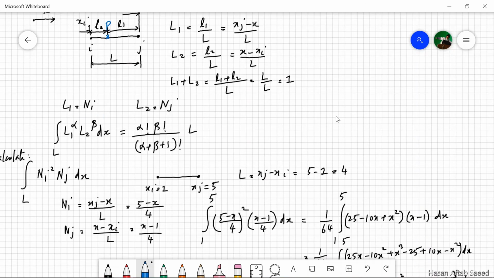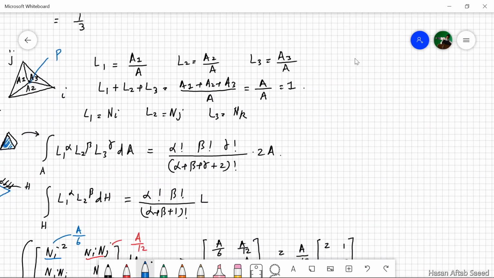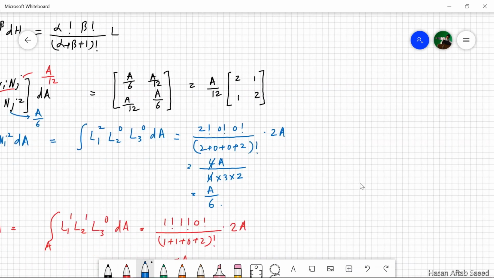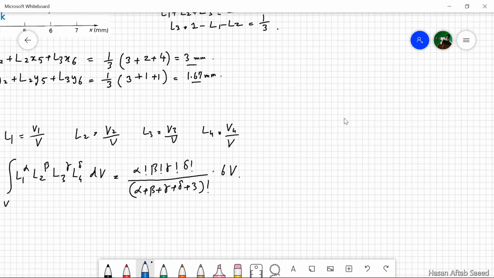Now note that for line integral we have this L here, for area integral we have 2a here, and for volume integral we have 6v here.